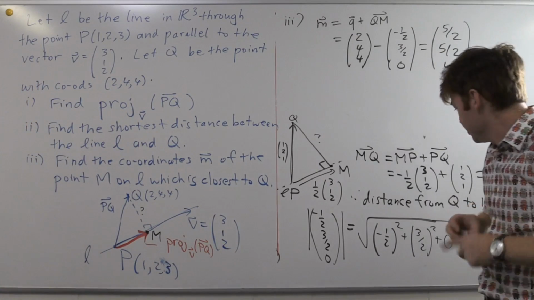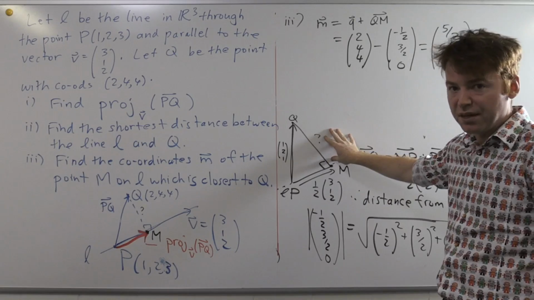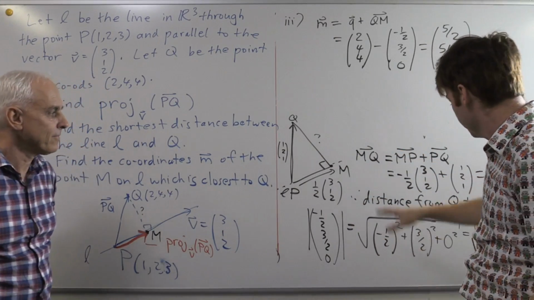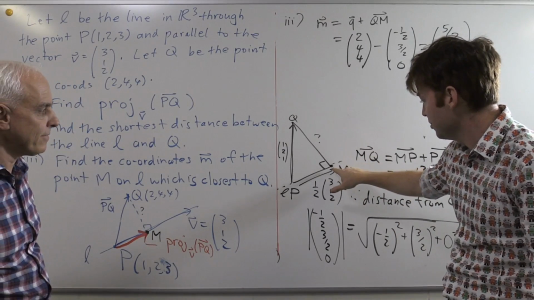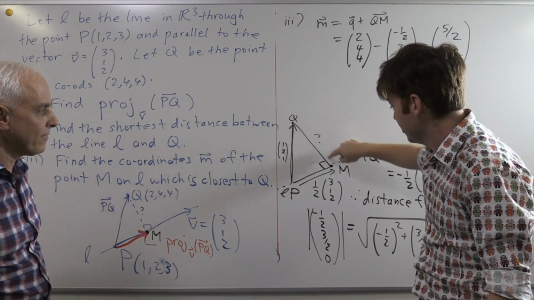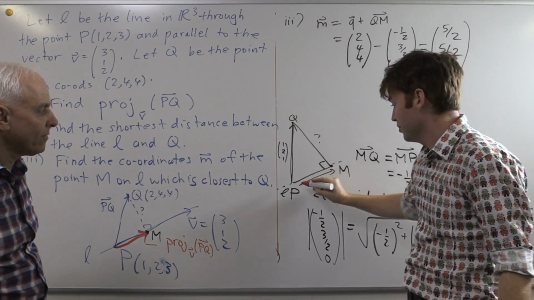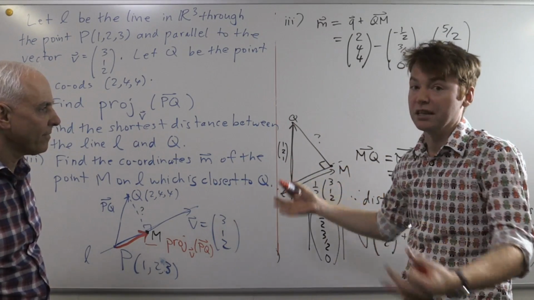Cool. I might just mention that there's lots of ways of doing this part of the question, and you can use those to check your answer. So one way, and my personal favorite way, is to do it as we've done here, which is to find the vector QM or MQ. Another way is to use the fact that this is a right triangle, and you know this vector and you know this vector, so you know their lengths.